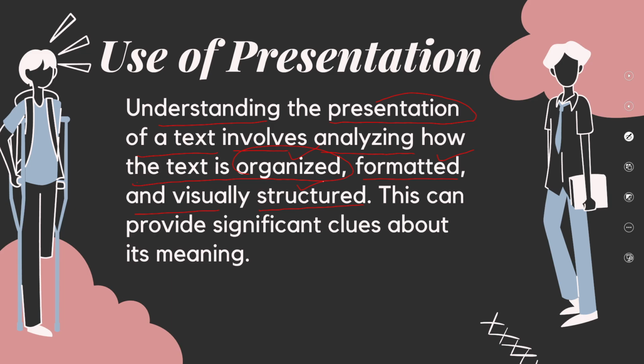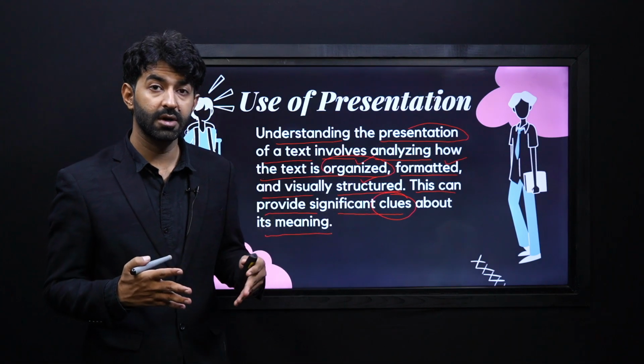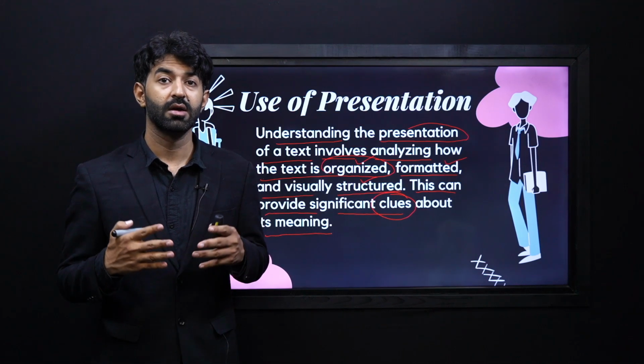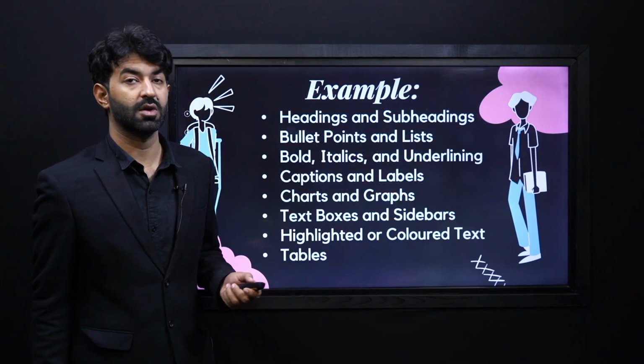These are the three things we need to see, and this can provide significant clues about its meaning. How the text is organized and how it is formatted will tell us how we can predict the meaning of the text. Let's look at some examples over here.